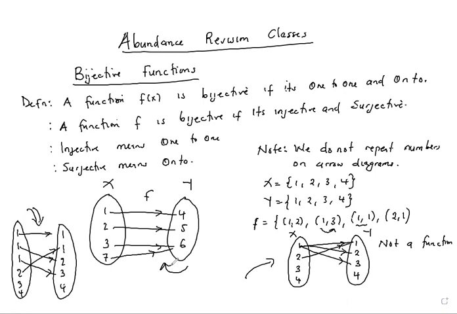Isn't it that an onto function is one where every domain element has an image? Isn't that what an onto function is? Yes. No, not necessarily every domain element. Onto is every element sitting in Y is an image. If I put 8, 8 is not an image, is it?